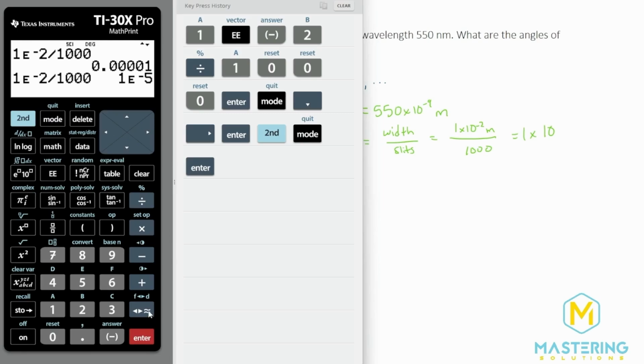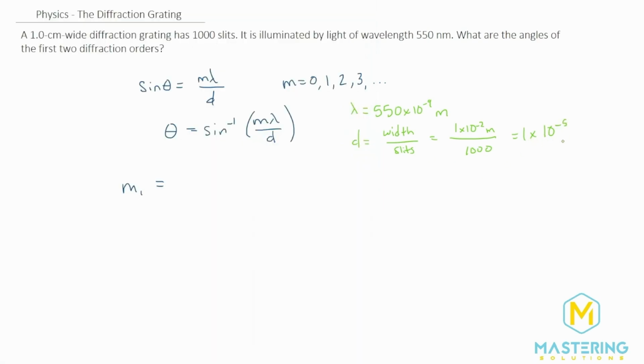And if we plug it into the calculator, we have 1 times 10 to the negative 5 meters. Now, we don't have to calculate it. You could just plug this in. That's what I usually like to do, so I avoid an error, but this is pretty easy to copy forward, of course. So for m equals 1, we have inverse sine, and m is 1.